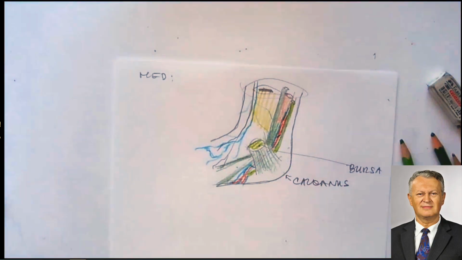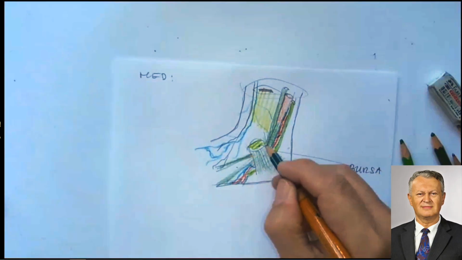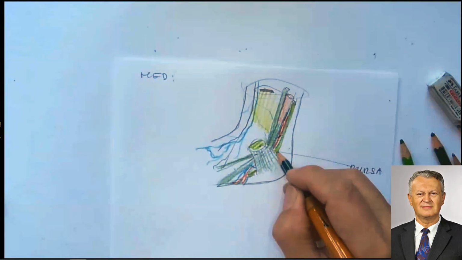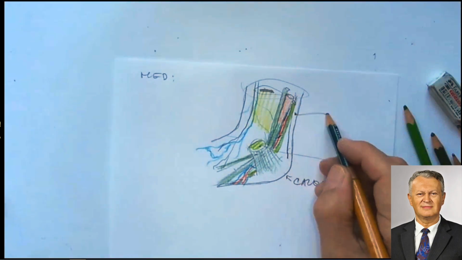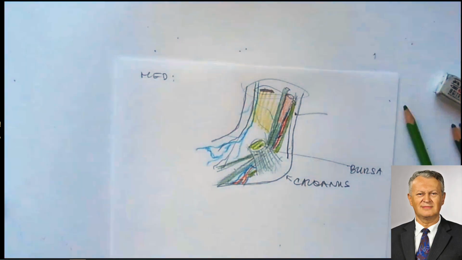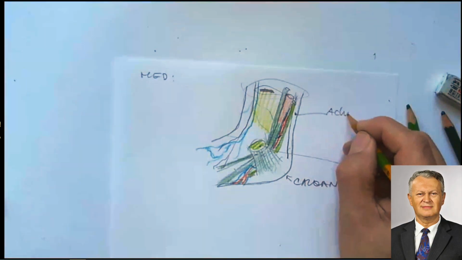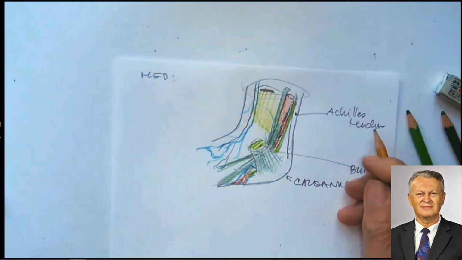Here we need separate lines, so we see all the structures. They pass distally, and then of course here would be tendo Achilles or Achilles tendon. Fine.